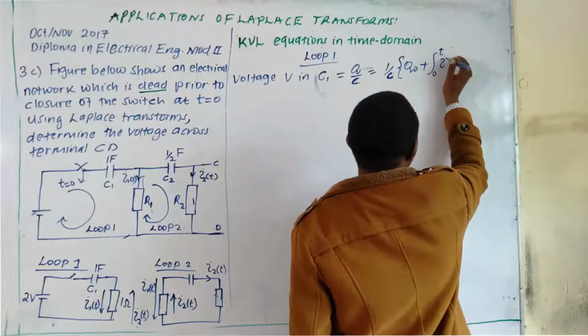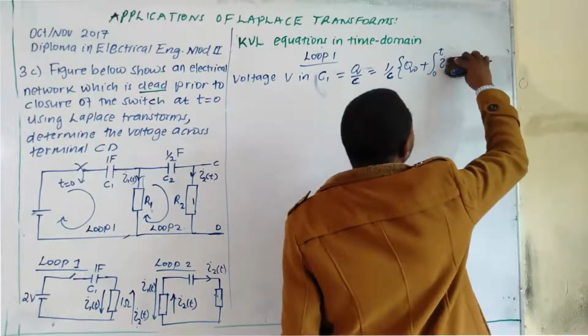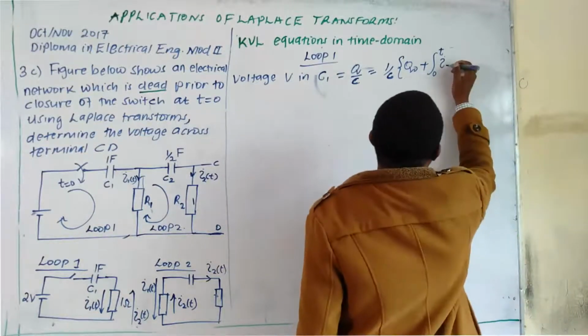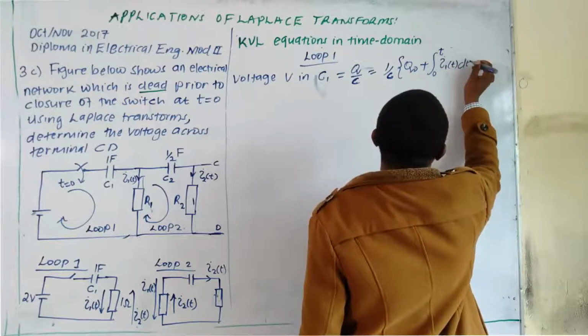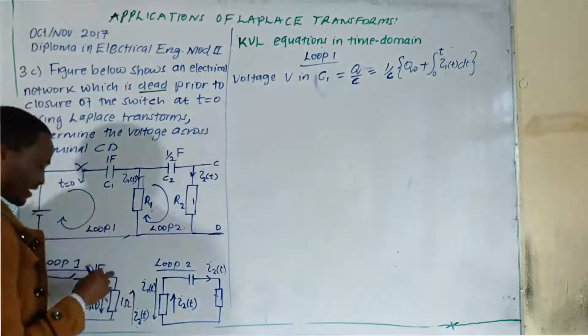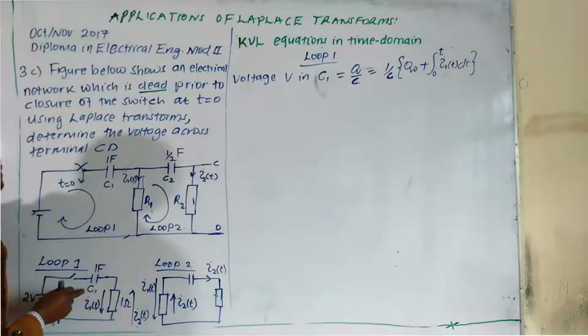The current that is flowing in that capacitor is I1 of t, and integrate that with respect to t. I'm only interested in the voltage across the capacitor because that one is a little bit tricky to get.